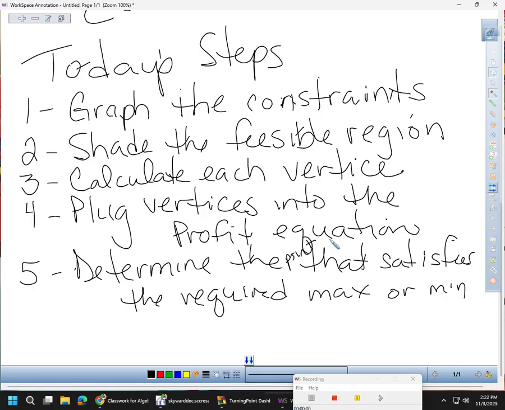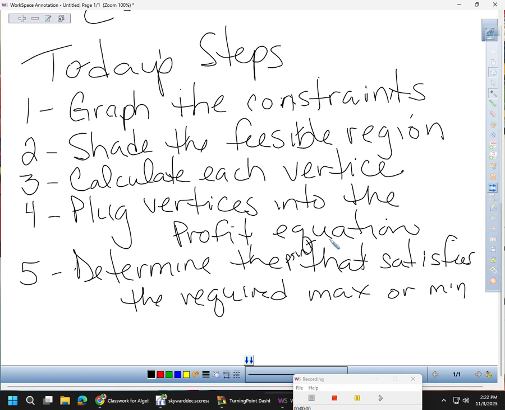So we already know how to graph inequalities. We know how to shade the region. We know between doing either elimination or substitution how to calculate the vertices. We know how to plug them into an equation. We know how to do everything. So this should be super easy.